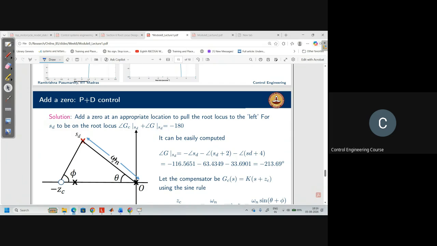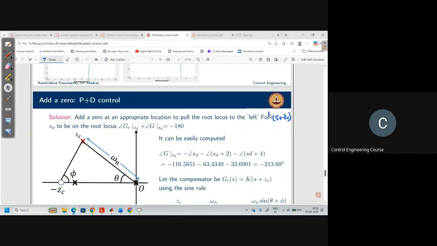Now we will go to how do you reshape the system. That is what our target is now. If the desired pole is not on the root locus, how can you reshape the system? By adding a zero. So PD control means s plus zc, right?